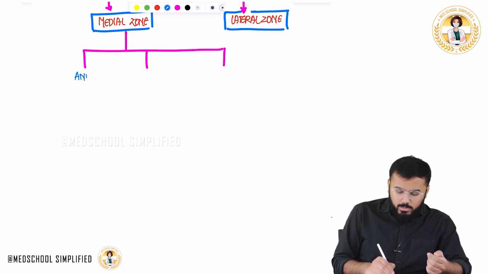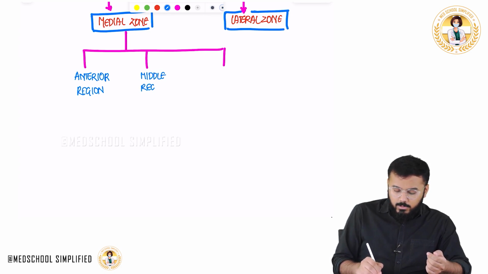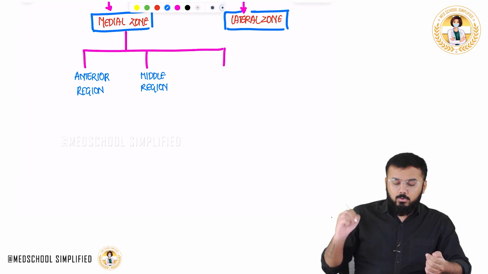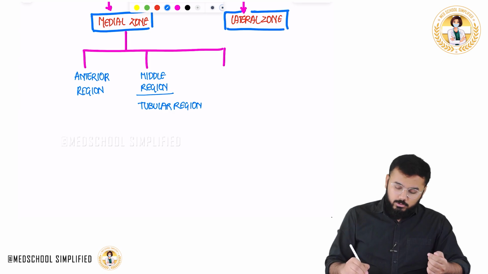What are those three important regions? One is called the anterior region, another is called the middle region. One very important thing you need to know is that the middle region is also called the tubular region. The third is called the posterior region. So we have three important regions: the anterior region, the middle region, also called the tubular region, and the posterior region.